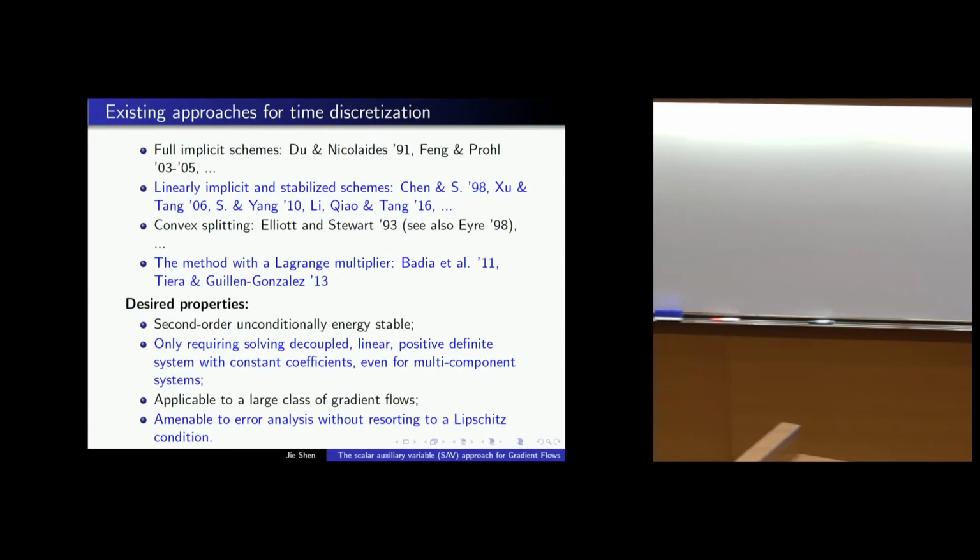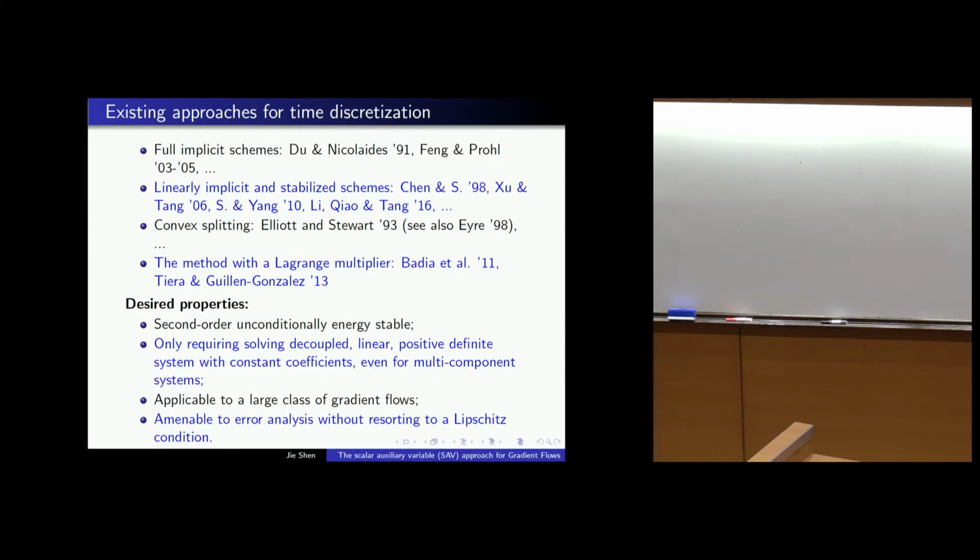And so what we're going to do is we would like a scheme which enjoys the following properties, right? You would like your scheme to be at least second order and maybe even higher. And it only requires solving a decoupled, linear, and positive definite system with constant coefficient.